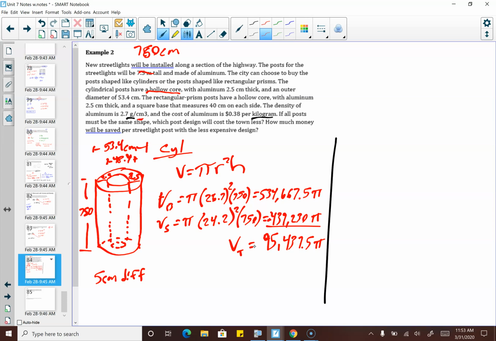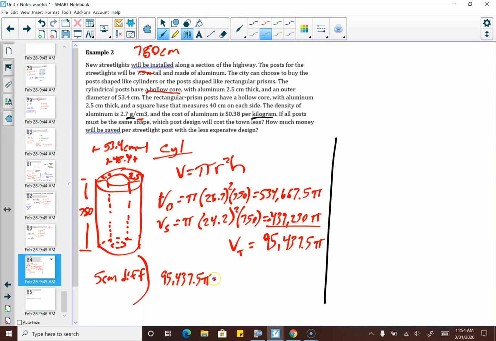Okay, so now we need to take that volume, 95,437.5 pi, and the first thing we're going to do is multiply that by our density. So we're basically going to figure out what is the weight of the aluminum in grams.